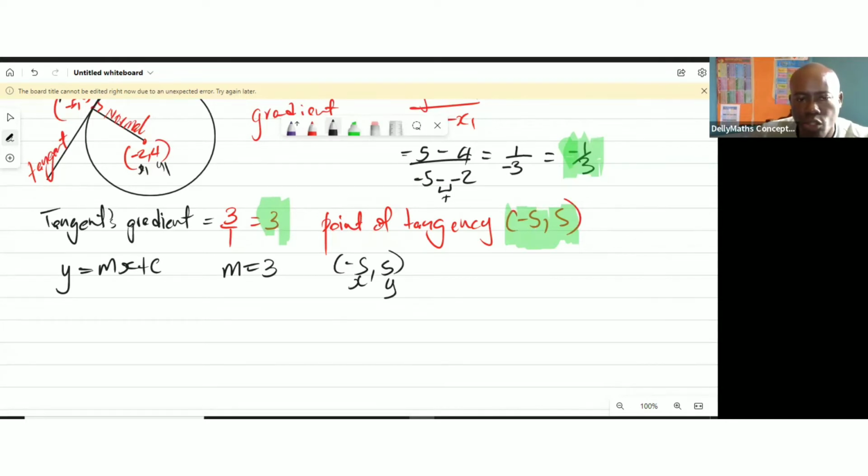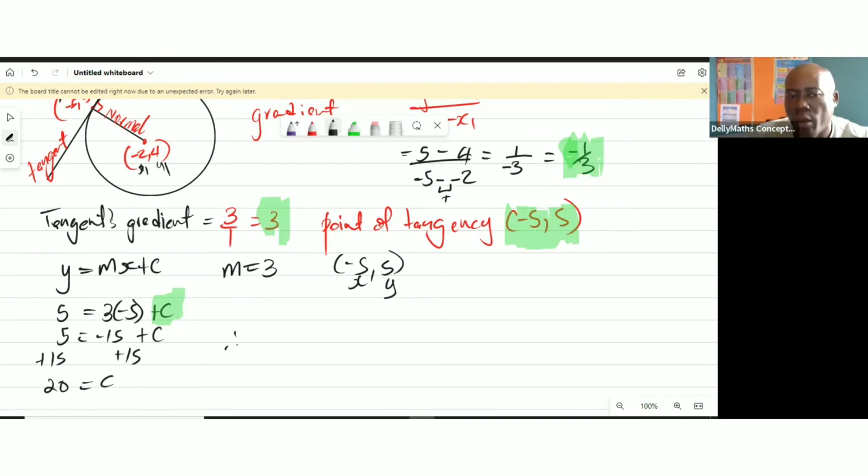Let's do the substitution. 5 is equal to 3 times -5 plus c. I need to find c, as you could see, because we need to write the equation of the line. 5 is equal to -15 plus c. If we add 15 to both sides, then 20 is equal to c.